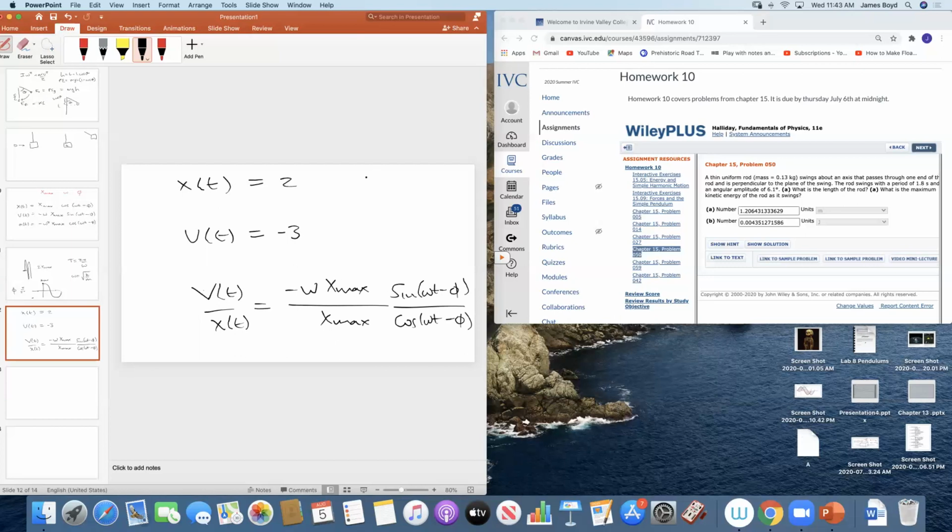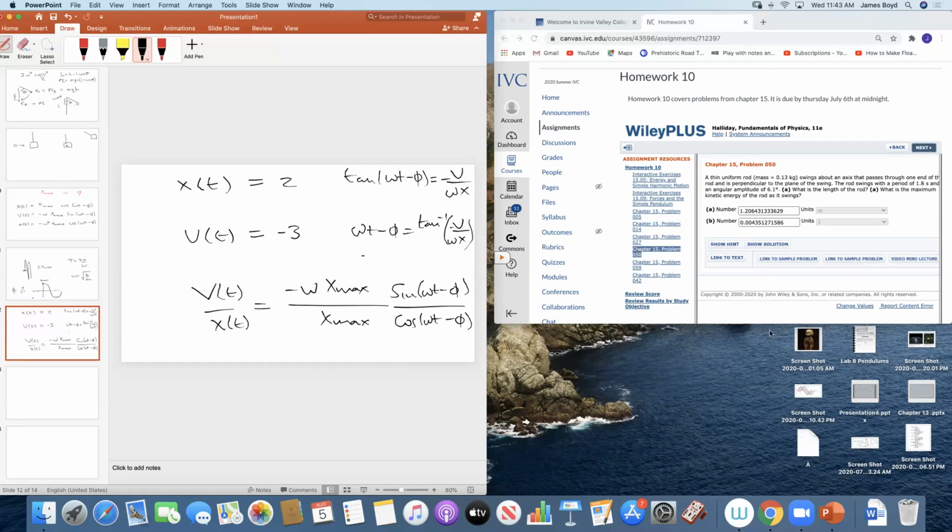This stuff cancels, and what you get is the tangent of omega t minus phi is equal to v over omega x at t with a minus sign. And that means arctan of this stuff with a negative gives you this, and you could find phi by, phi is this omega t minus that.